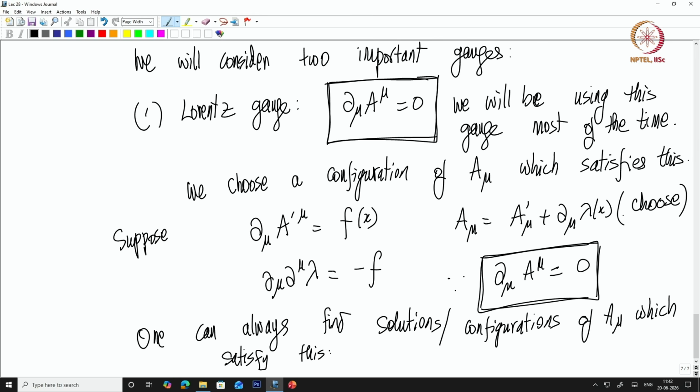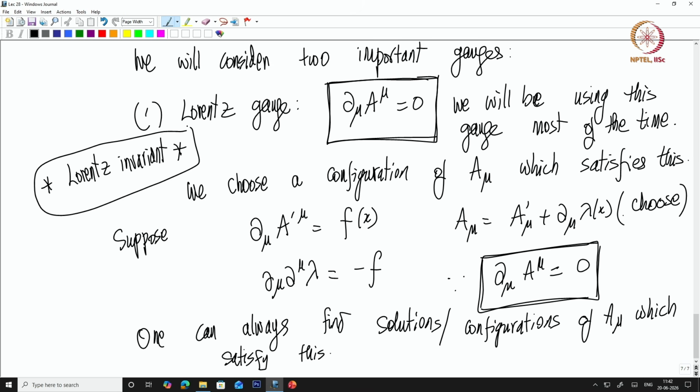The entire point is that this choice is a good choice, because even if somebody gives you another configuration, we can always fold it into this configuration by a gauge choice. This is the most important gauge, and the main advantage is that it is Lorenz invariant.